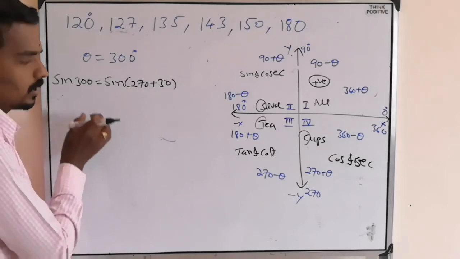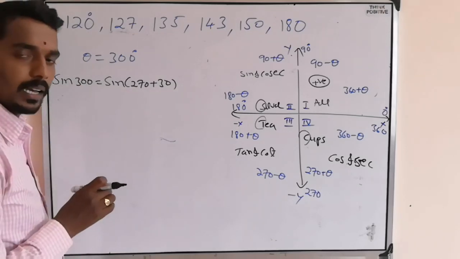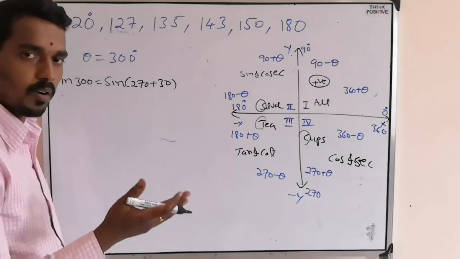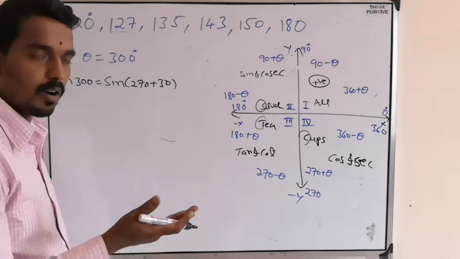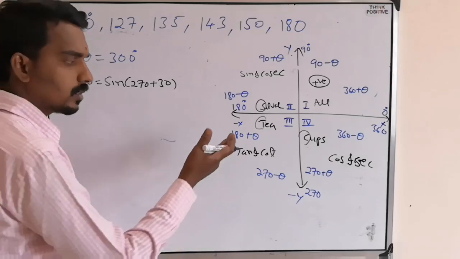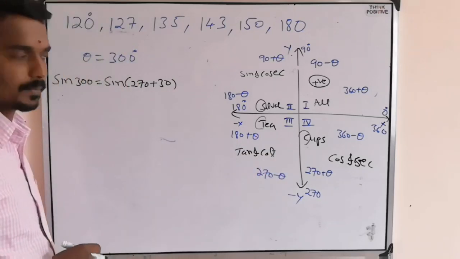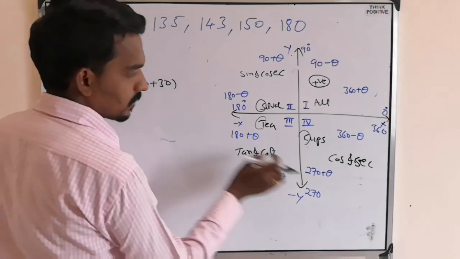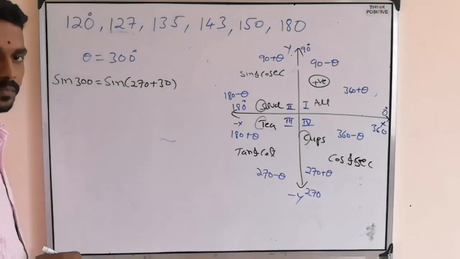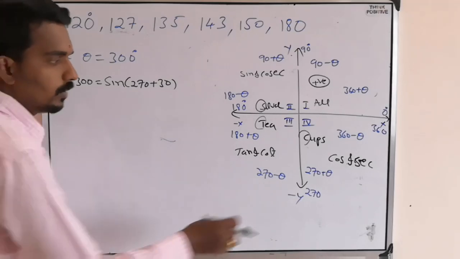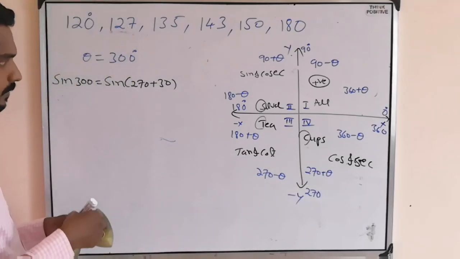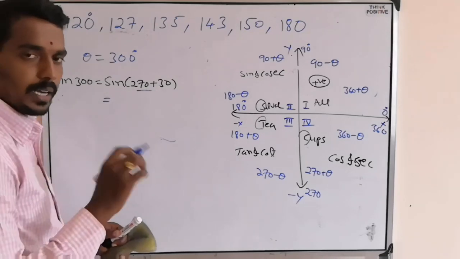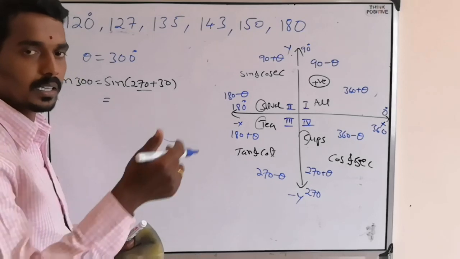So first step, you have to write the given angle in terms of 90 plus or minus, 180 plus or minus, 360 plus or minus, or 270 plus or minus. Then decide which region. 270 plus is fourth region, right? So when 270 plus or minus or 90 plus or minus, function changes.